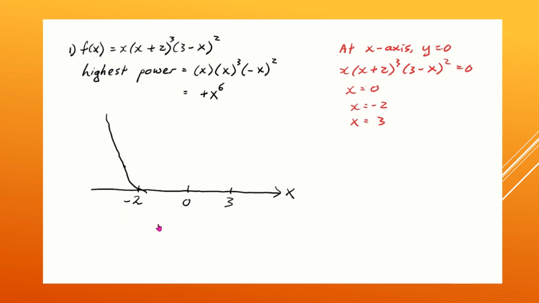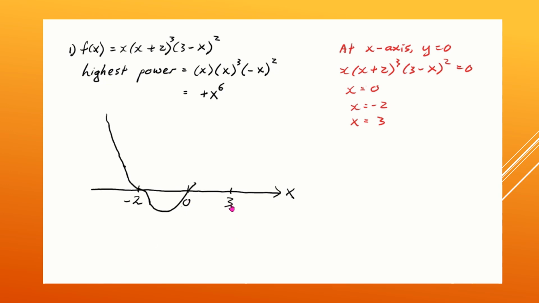So we need to draw an inflection point at -2. Then when we come to x equals 0, from the equation, the factor x is power 1, so the curve will just go through at x equals 0.